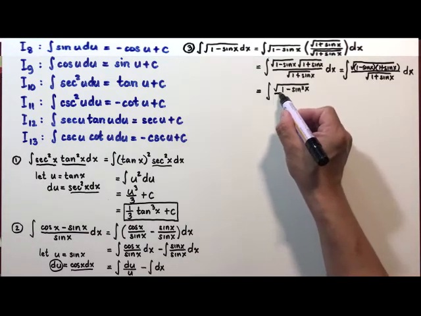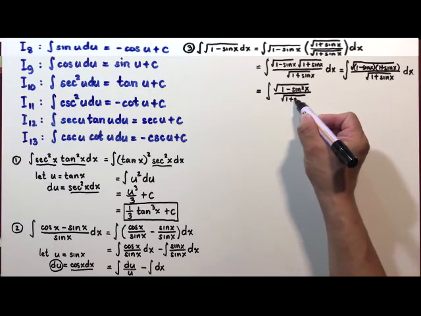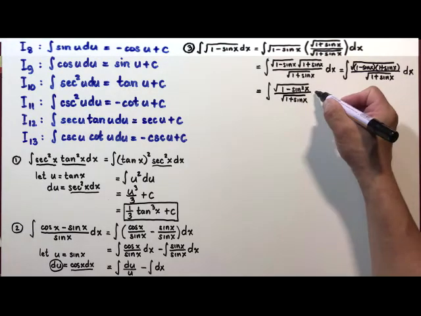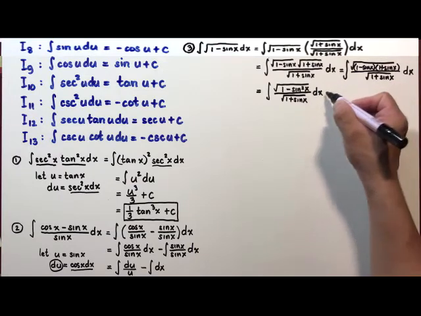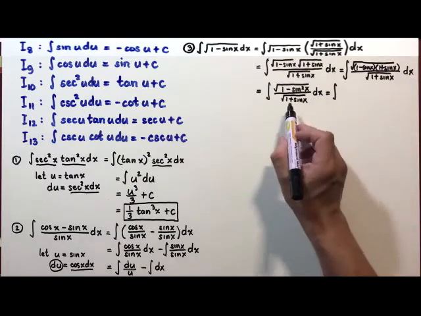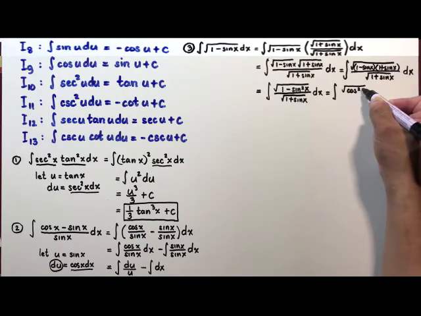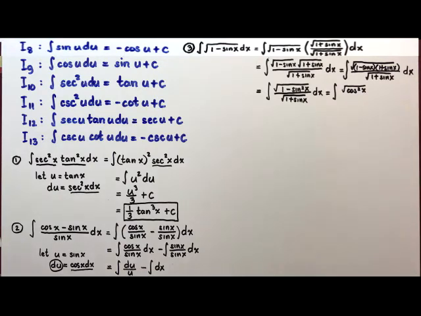And of course, this is divided by the square root of 1 plus sine x, and we still have a dx here. You can recall from trigonometry that 1 minus sine squared x is the same as cosine squared x by the Pythagorean relation.